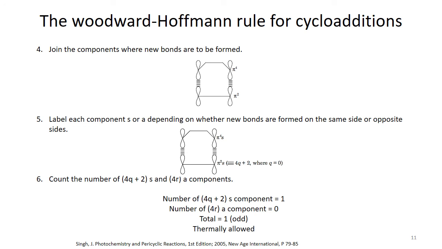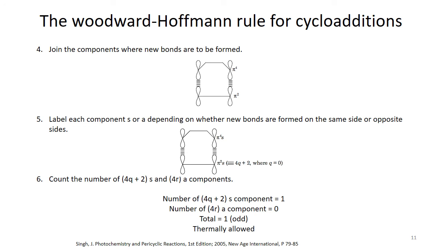Next, how can these components interact together? If new bonds are formed, we can make the interaction through the suprafacial way, or through the antarafacial way. In this case, these components can easily interact through supra-supra interaction, since it is very easy for these orbitals to approach each other.